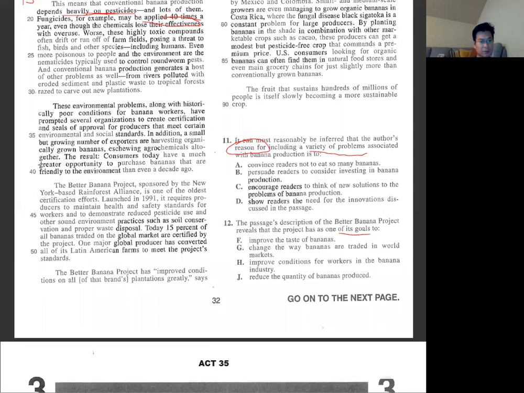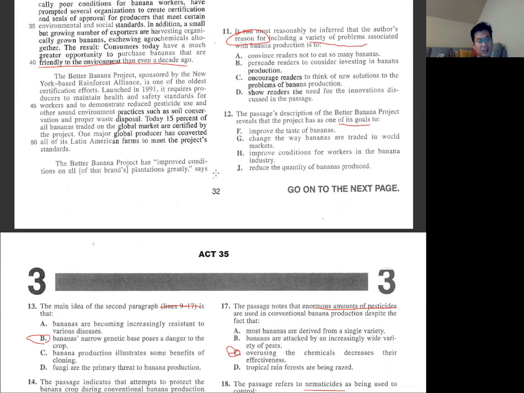These environmental problems, along with historically poor conditions for banana workers, have prompted several organizations to create certifications and seals of approval for producers that meet certain environmental and social standards. And then it says, line 38, as a result consumers today have much greater opportunity to purchase bananas that are friendly to the environment than decades ago.